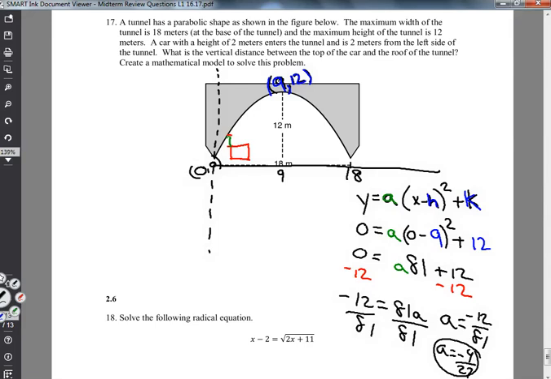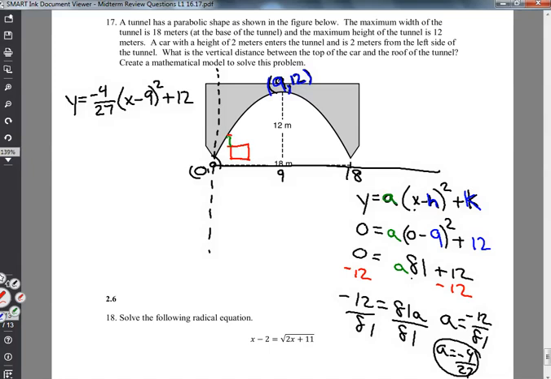So I found A. So now my equation in vertex form is y equals negative 4 over 27 times x minus 9 squared, plus 12.